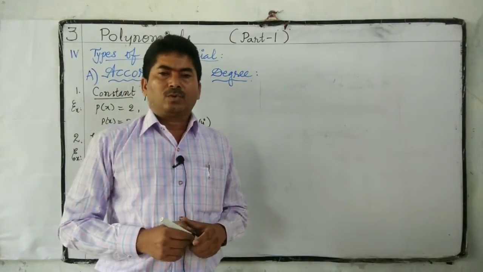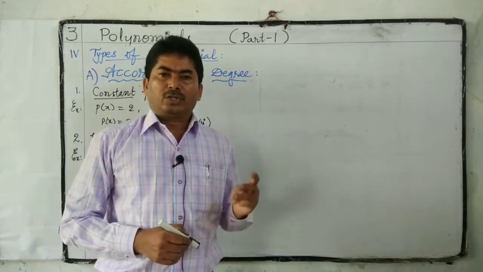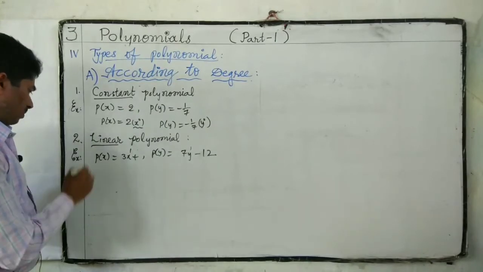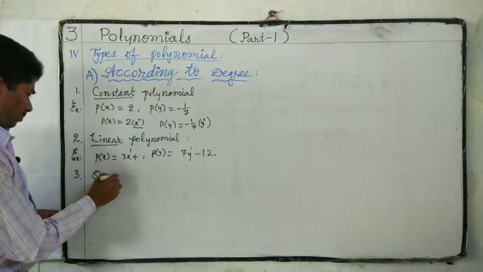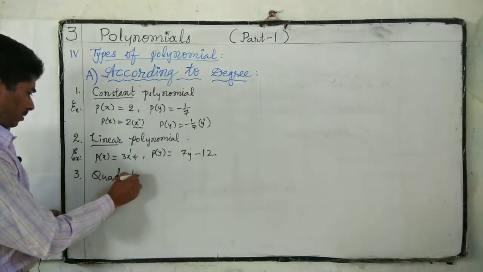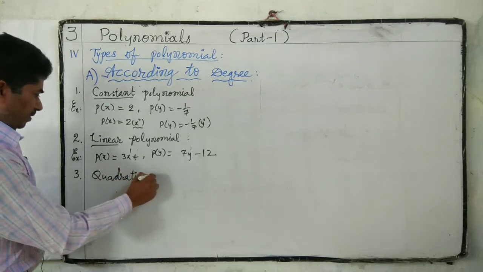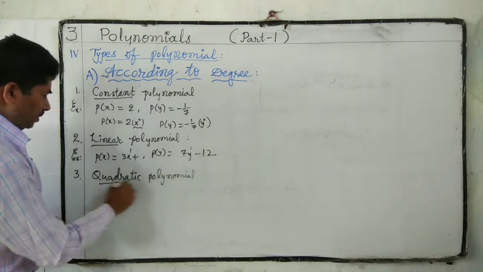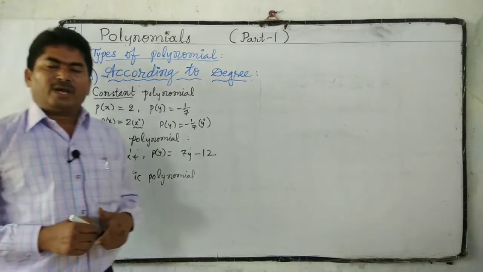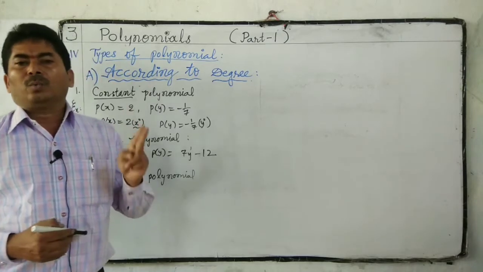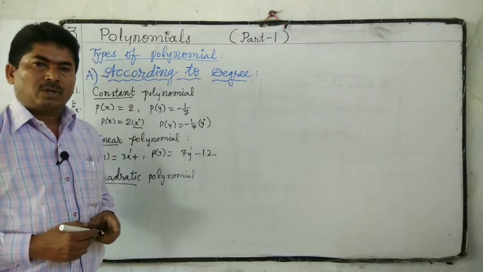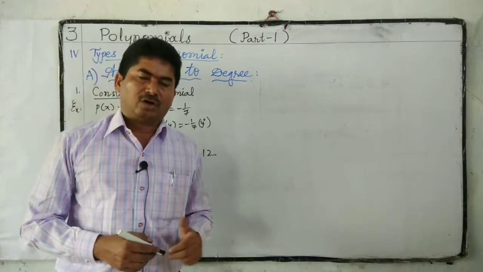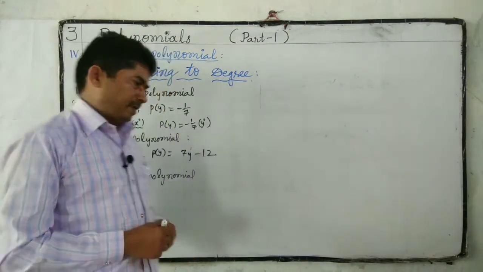Next, quadratic polynomial. A polynomial of degree 2 is called quadratic polynomial.